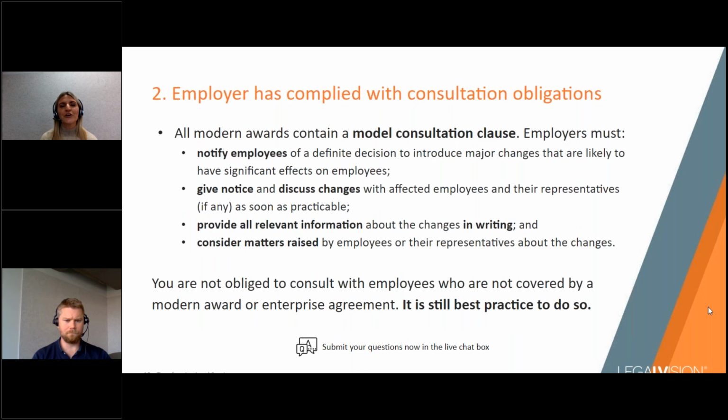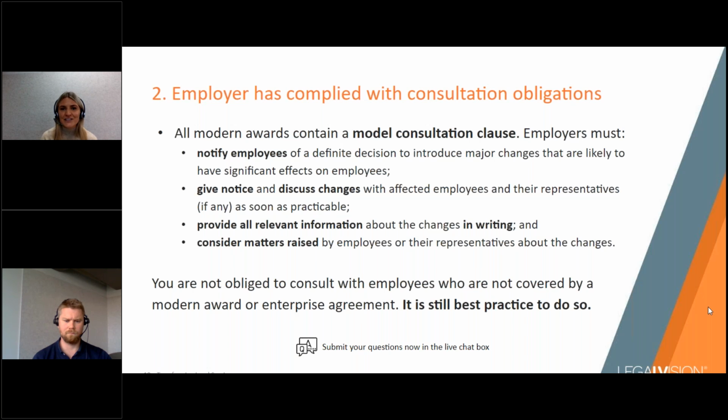Now, in terms of your consultation obligations, all modern awards contain what's called a model consultation clause, which relates to major workplace changes. And in summary, these clauses essentially require employers to notify employees of any definite decision to introduce major changes that are likely to have significant effects on their employees, such as the termination of their employment, obviously.